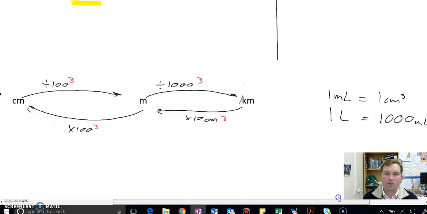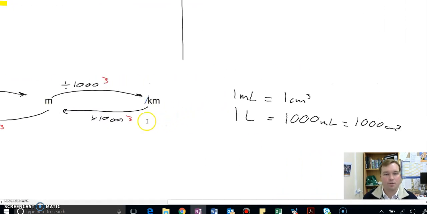Now, extra weird units that we see occasionally. In terms of volume, when we say measure the capacity of it, we're talking milliliters, liters. Volume, for some reason, is centimeters cubed. Capacity is how much a container can hold, and therefore it's the liters amount in there. 1 milliliter is exactly 1 centimeter cubed.